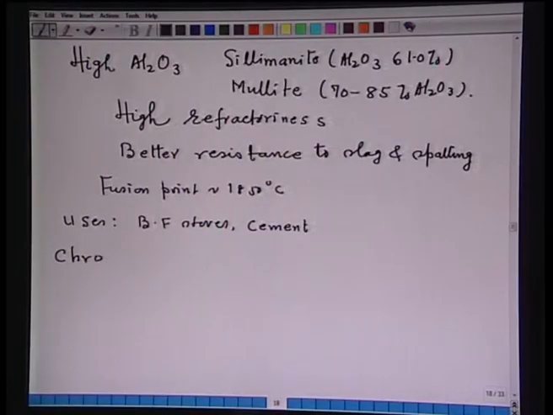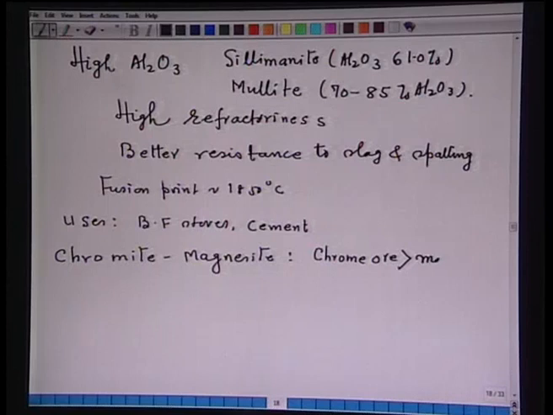Chromite magnesite. In this one, amount of chrome ore is greater than magnesite. That is why they are called chromite magnesite refractories. They can be used say up to 1700 degrees Celsius.